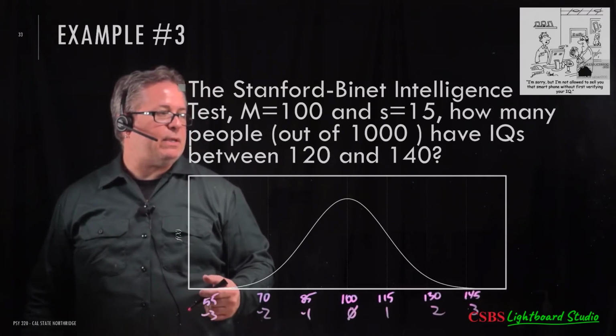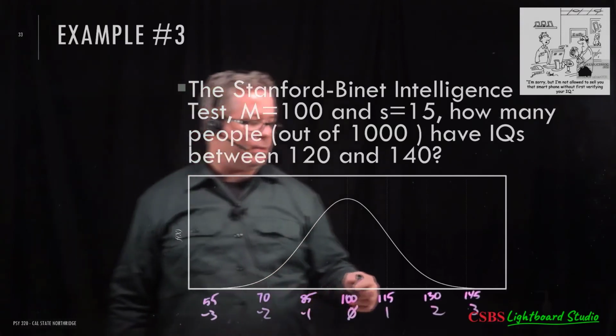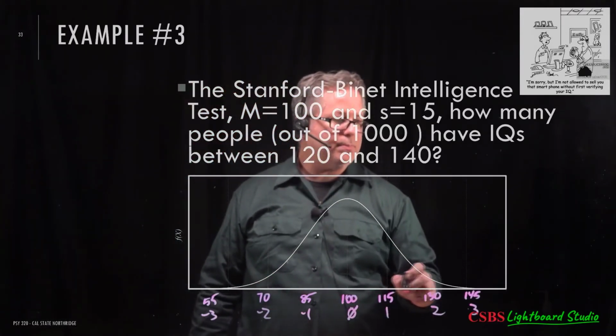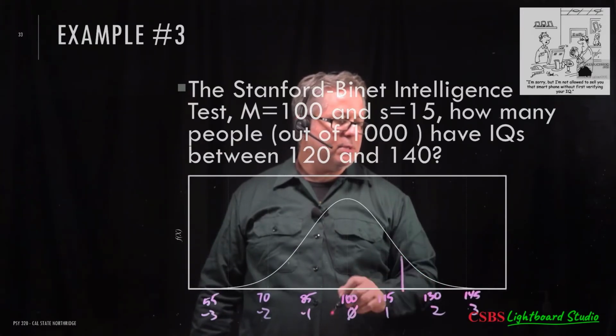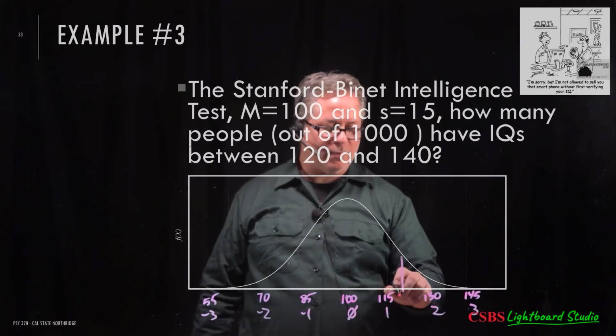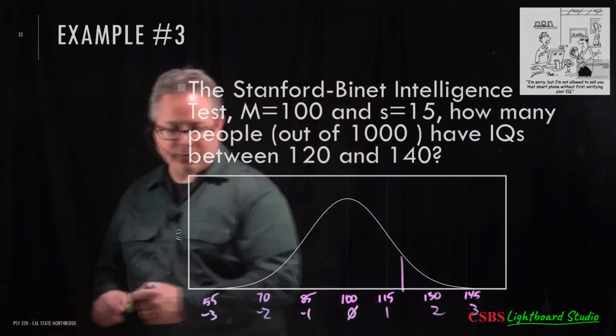So it's asking what's between 120 and 140. I don't know exactly where it is, but it's going to be a little closer to here than to there. So let's say this is my 120, which I'll mark in a different color.